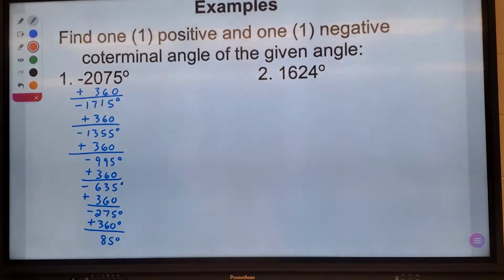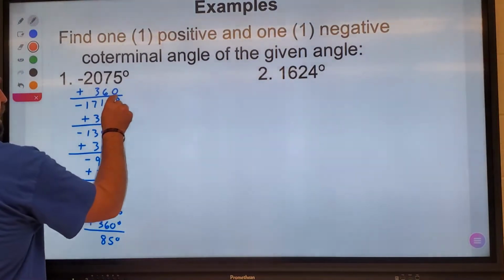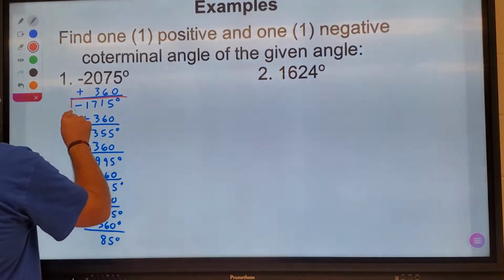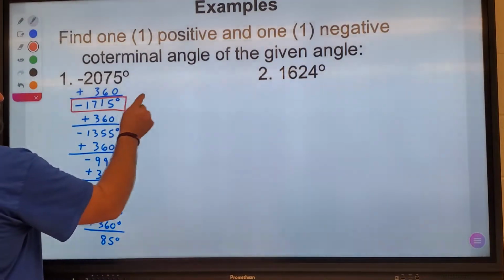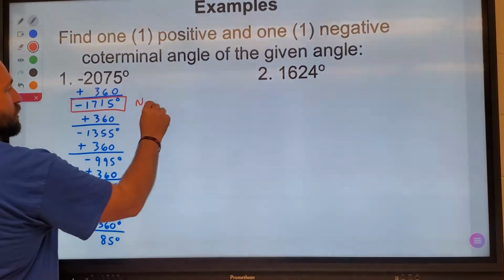Okay, so again, a coterminal angle is an angle that's going to give me the exact same standard position if I graphed it, but it's not the same value. So it just has one less spiral to it. Okay, so if I add 360, that gives me a coterminal. So this value here is a negative coterminal angle.